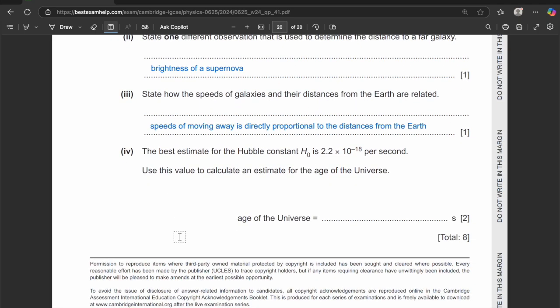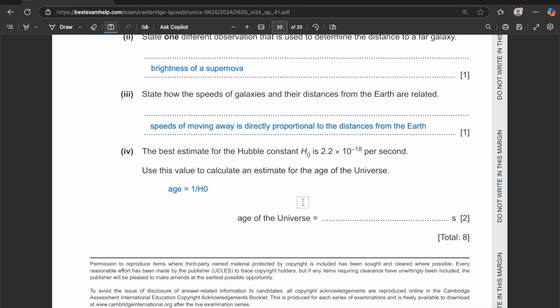For the best estimate for the Hubble constant, H0 is 2.2 into 10 power minus 18 per second. Use this value to calculate an estimate for the age of the universe. So we have this equation, right? The age of the universe is 1 by H0. And we can put that in the calculator. 1 divided by 2.2 into 10 power minus 18.